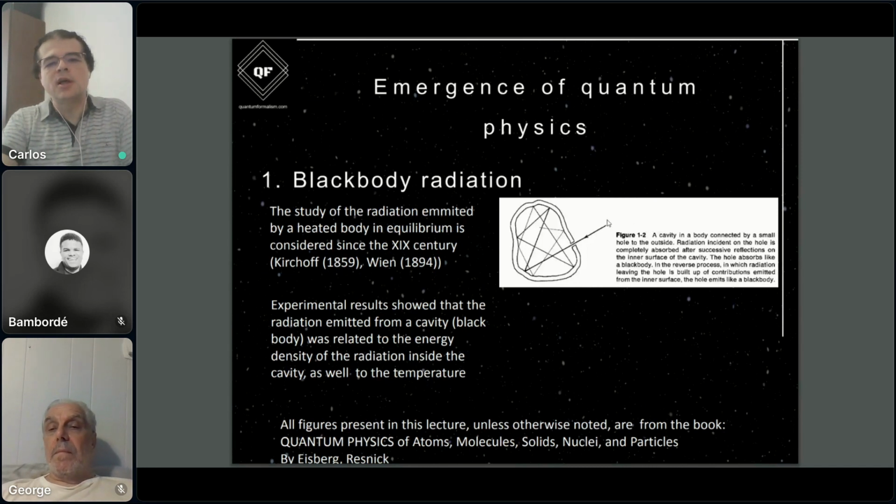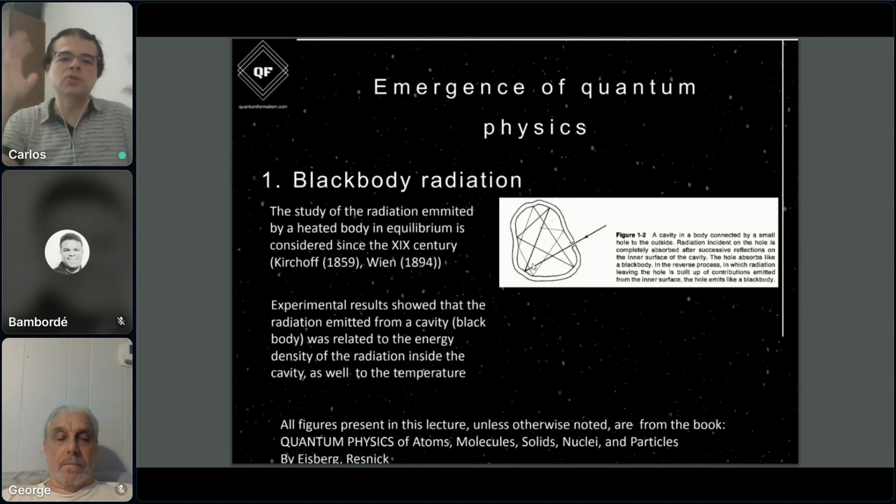The idea is, if you have a body with a small cavity, and you put radiation, light, inside this cavity, the radiation will be bouncing back and forth inside this box. The box will get heated because of this radiation inside, and once it's heated, it can also emit radiation.